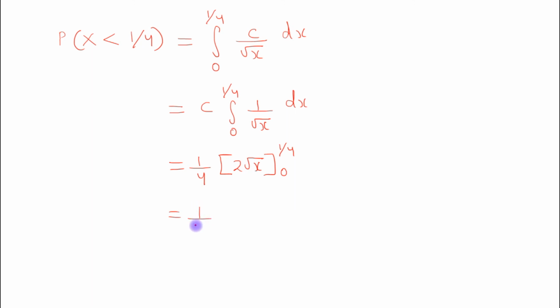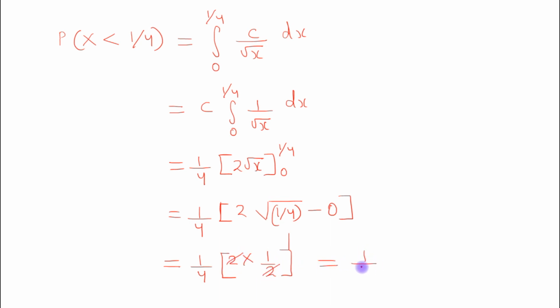Next step, 1 by 4 times 2 root 1 by 4 minus 0. So it will become 1 by 4 times 2 times 1 by 2, and the terms cancel out, and the final answer is 1 by 4. Fine.